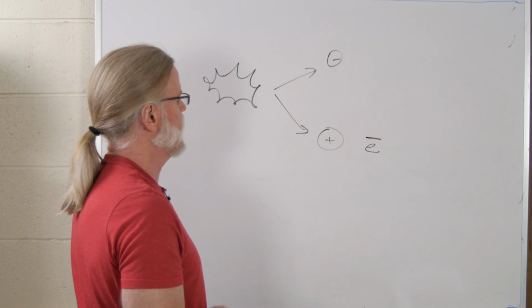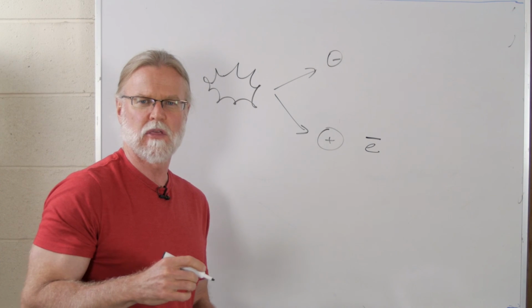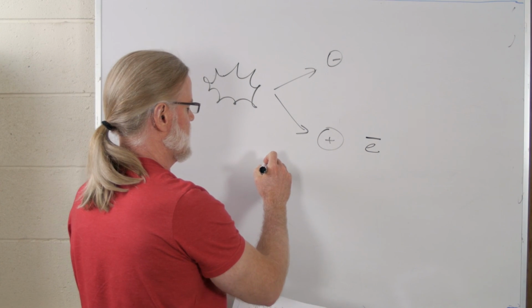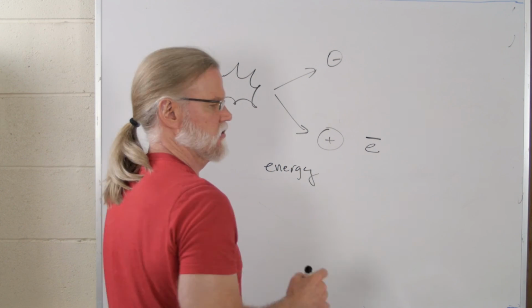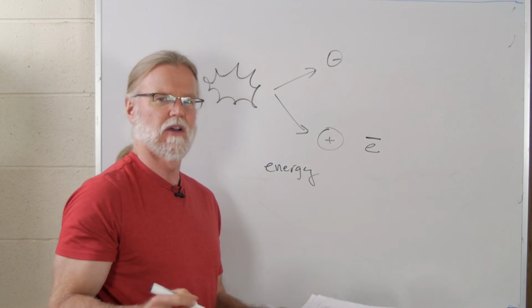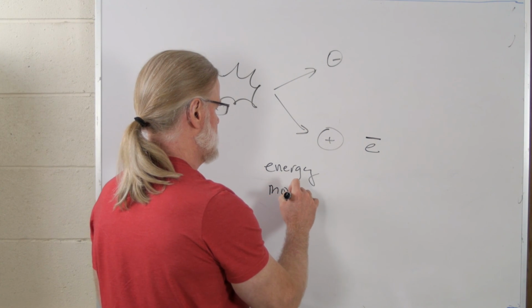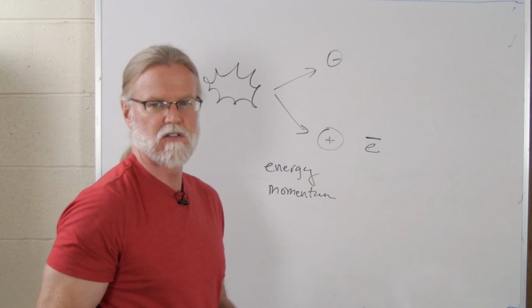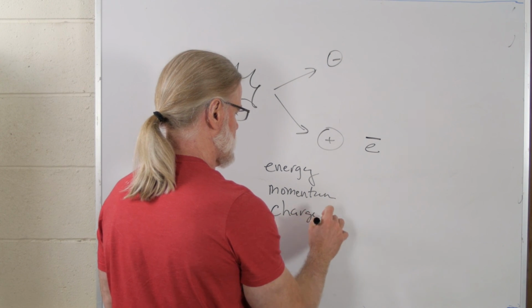Now, we know that this can't turn into 2 electrons because there are certain things in this universe that are conserved, and one of them is energy. That's a quantity that's conserved. As far as we know, the amount of energy that exists today always existed. Momentum in a closed, isolated system is conserved, and also charge is a conserved quantity.